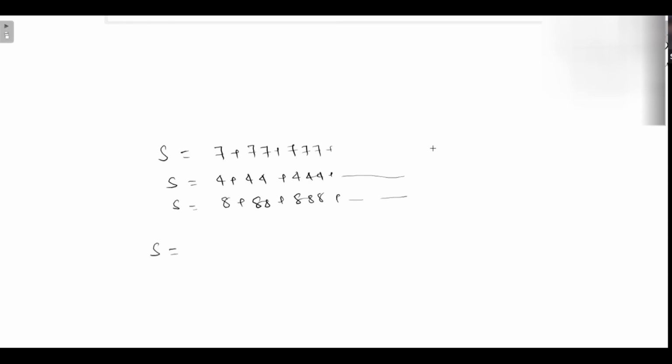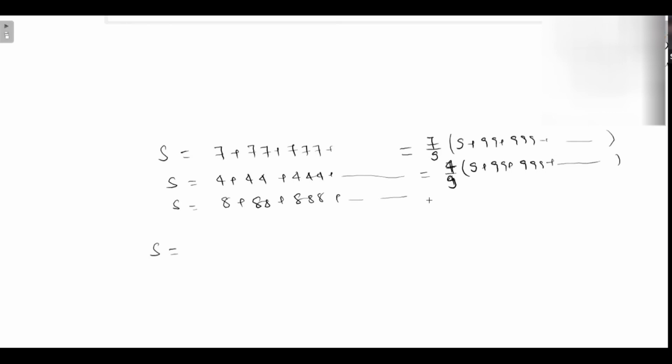So in this case, what I'll do is I will write it as 7 by 9, and this will be 9 plus 99 plus 999, and so on and so forth, right? And this too, I can write it as 4 by 9, 9 plus 99 plus 999, and so on.